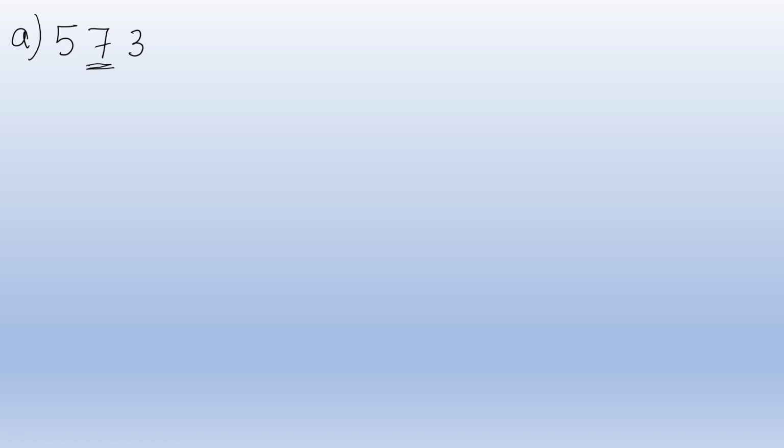The digit at the right of the tens place, that is in the ones place, you have 3. And you know 3 is less than 5. So you are supposed to round down. So what happens to 3? 3 becomes 0 and 7 remains unchanged. So your number after rounding will be 570.